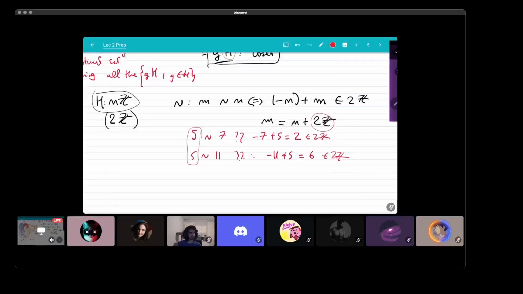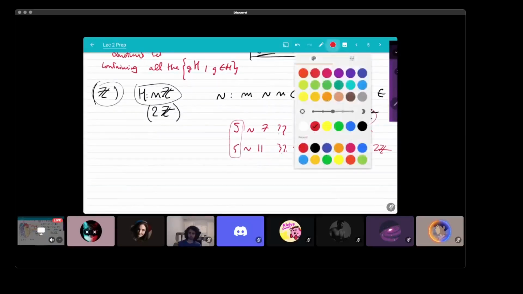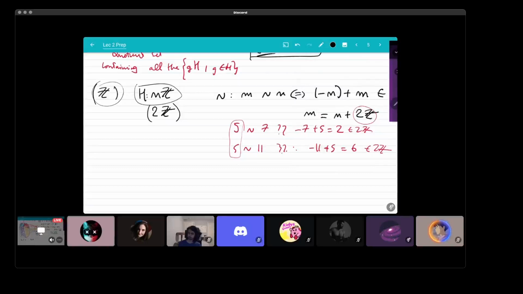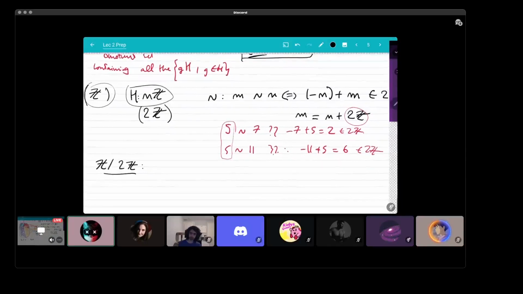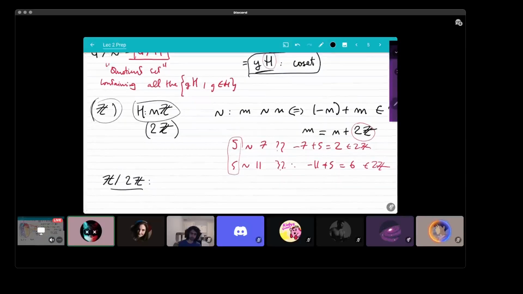And so if we define Z quotient 2Z, it will be the set of equivalence classes of integers. But what are equivalence classes? We've seen that they're the cosets.